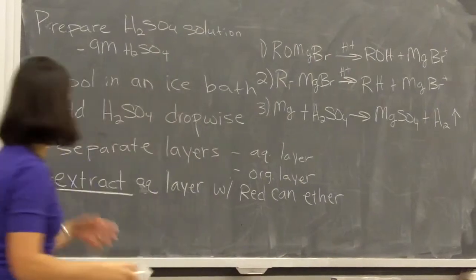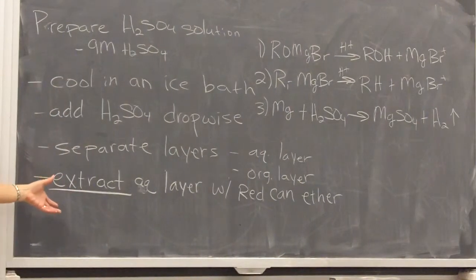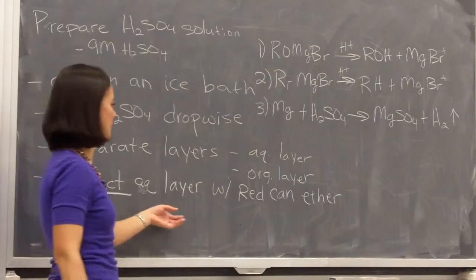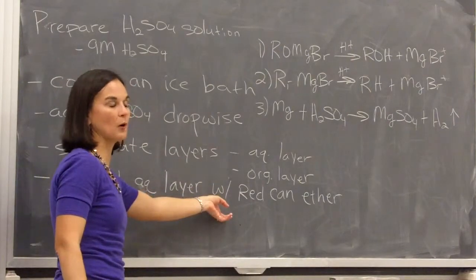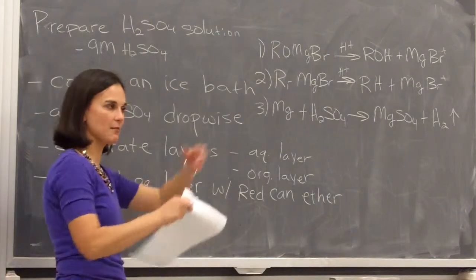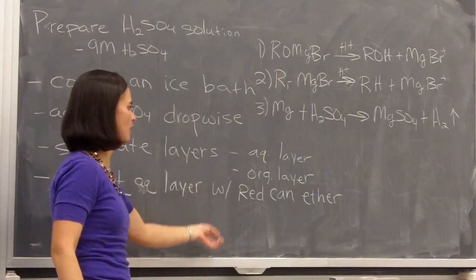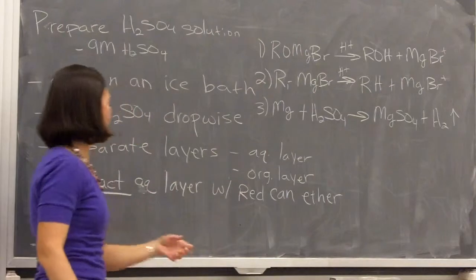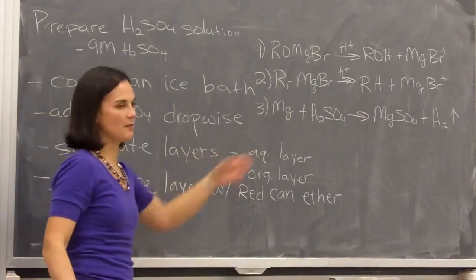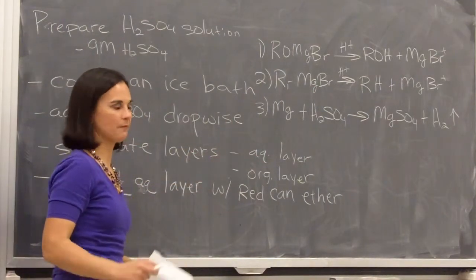What it means by extracting is we're taking the product we want out of that aqueous layer and dissolving it into the solvent that the rest of our product is dissolved in. So you're going to extract the aqueous layer with ether. After this you'll have a separation of layers again. Organic layer goes with organic layer. Aqueous layer remains by itself as aqueous layer, okay?